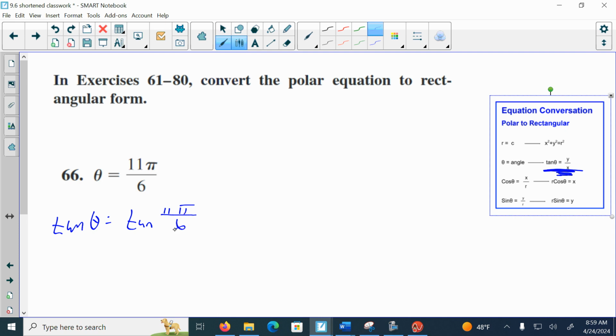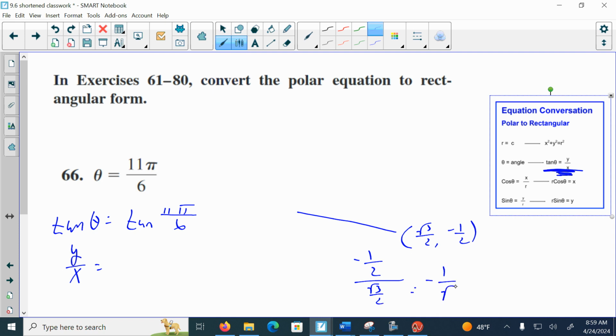So tangent, remember, is y over x, and then the tangent of 11 pi over 6, well, that's down here on my unit circle. The ordered pair is square root of 3 over 2, negative 1 half. Tangent would be negative 1 half over the square root of 3 over 2. So negative 1 over the square root of 3.